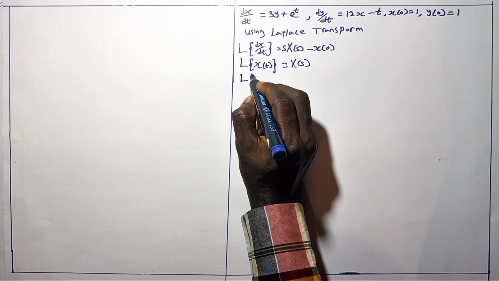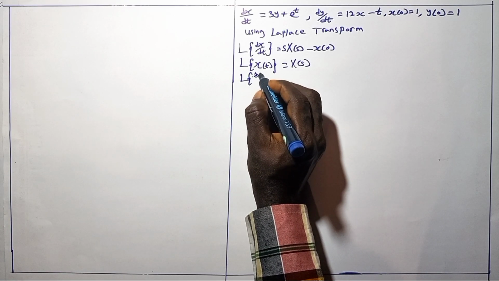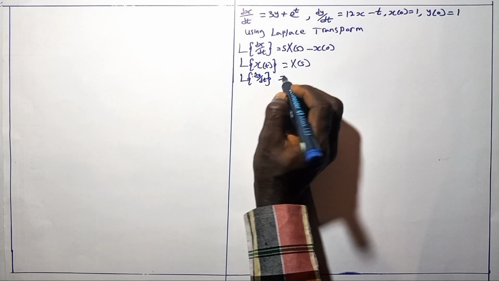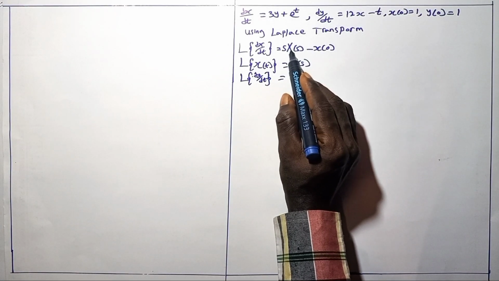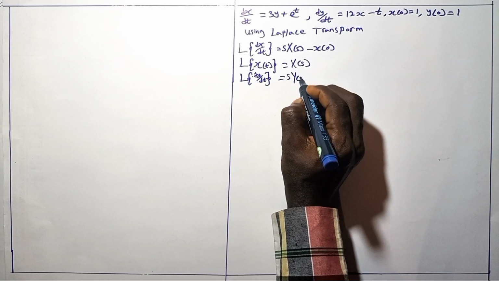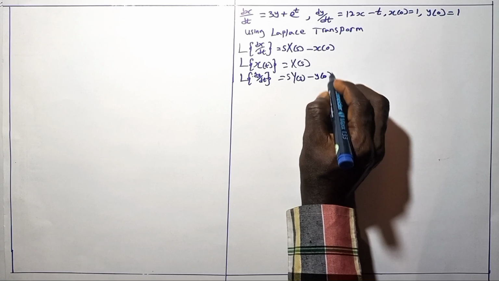Then when you apply Laplace transform to dy/dt, you get the same thing as this, but this time it will be sY(s) minus y(0).